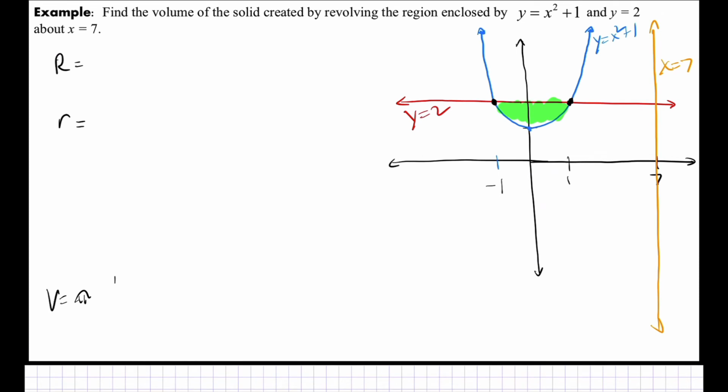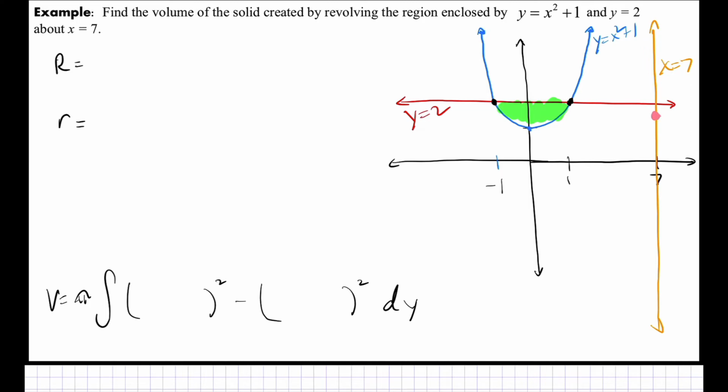Volume equals pi times big R squared minus little r squared, except this one's going to be dy. When we're trying to find big R and little r, we always start with the axis of revolution. So I'm going to make a dot here.